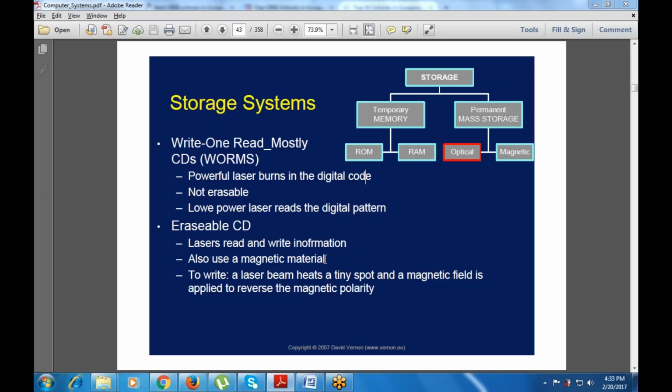Then erasable disks use a laser to write the information. They also use a magnetic material, and to write, a laser beam heats a tiny spot and a magnetic field is applied to reverse the magnetic polarity.